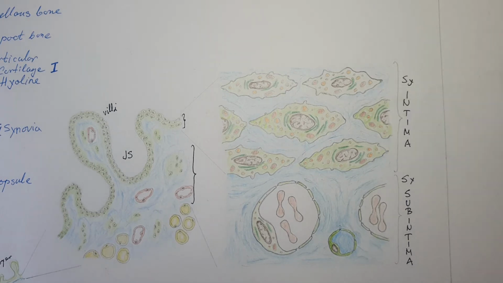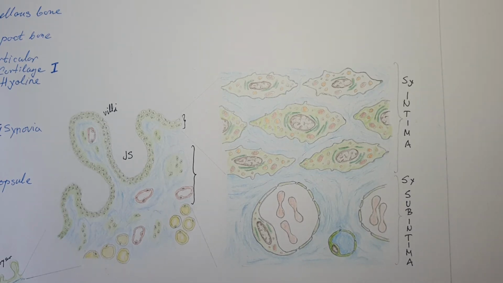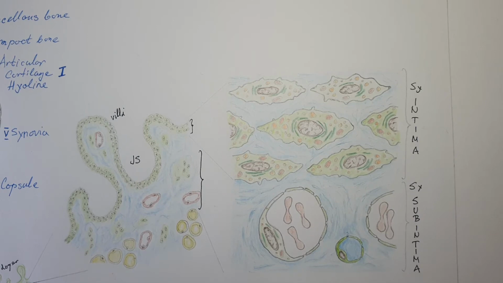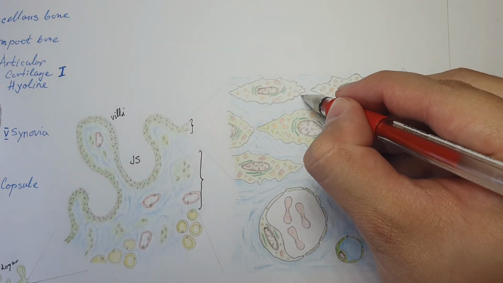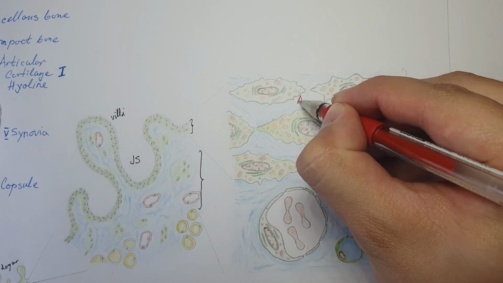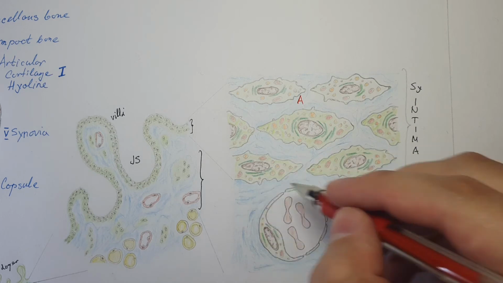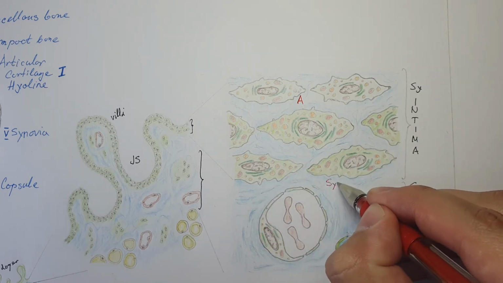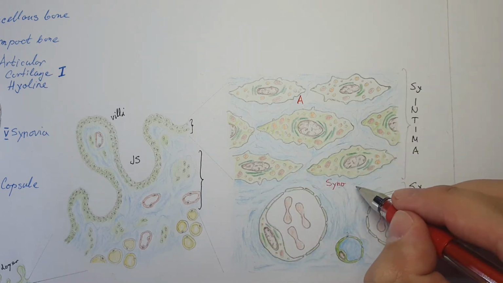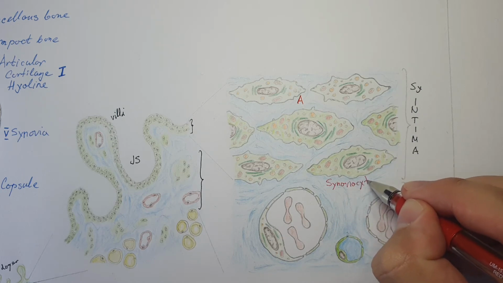In the synovial intima, we see that we have many cells. These cells are called synoviocytes.